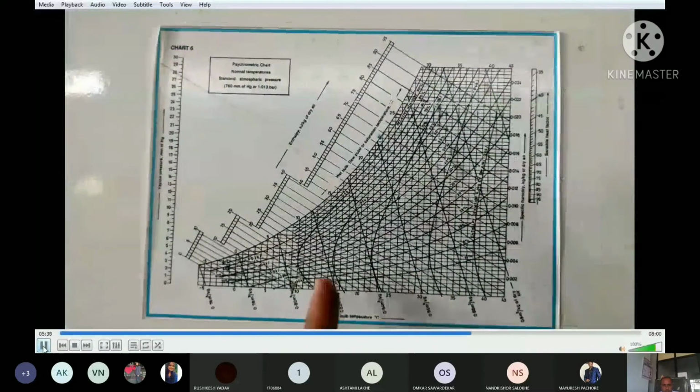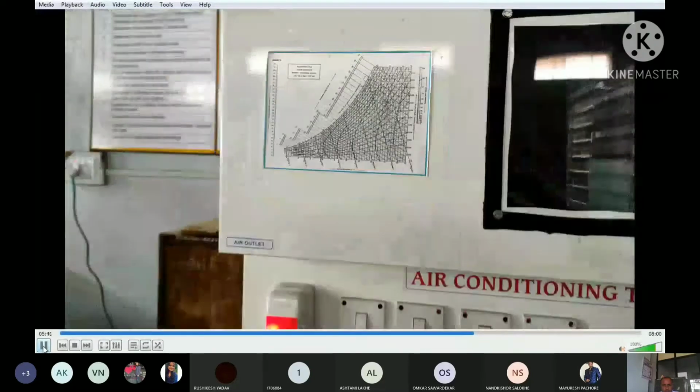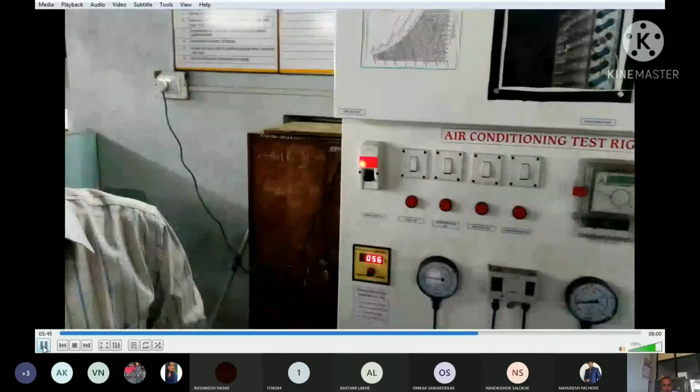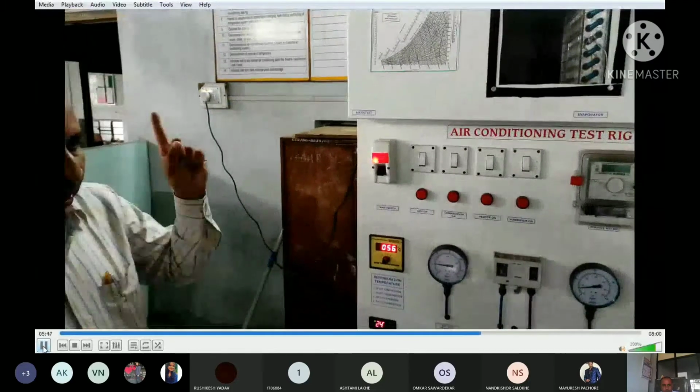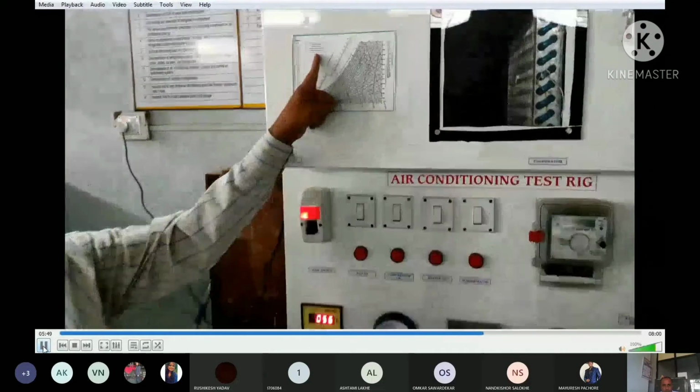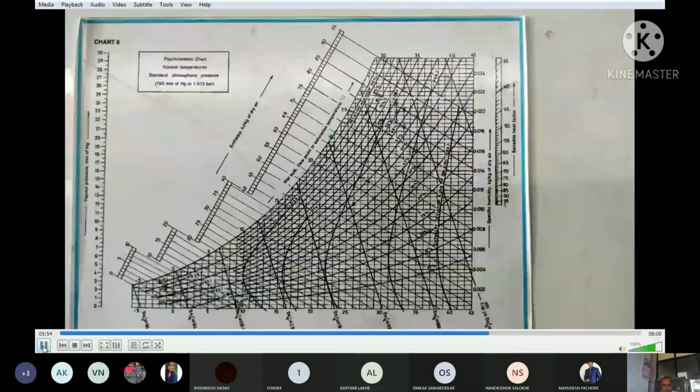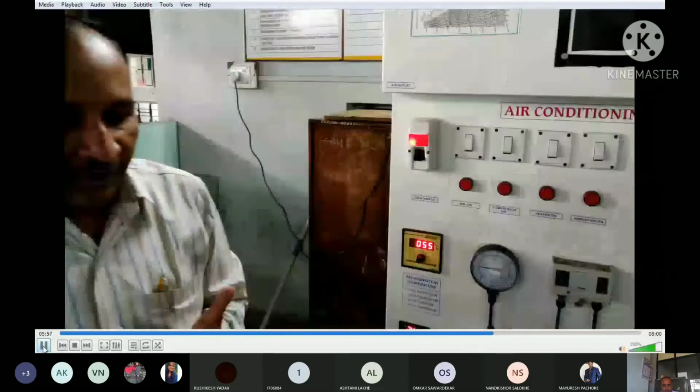For this pressure you can use this chart. If your pressure changes, then you have to use a different pressure chart. This is atmospheric pressure, 1.013 bar. So one property is fixed by the pressure.